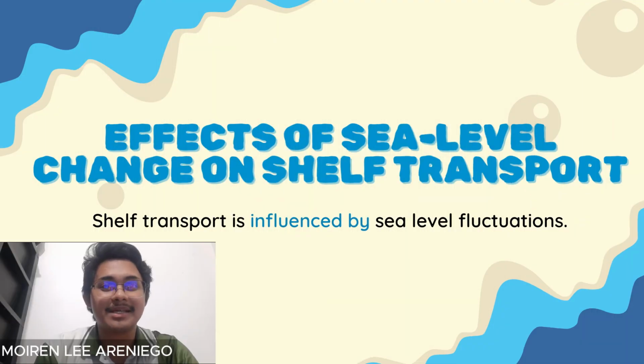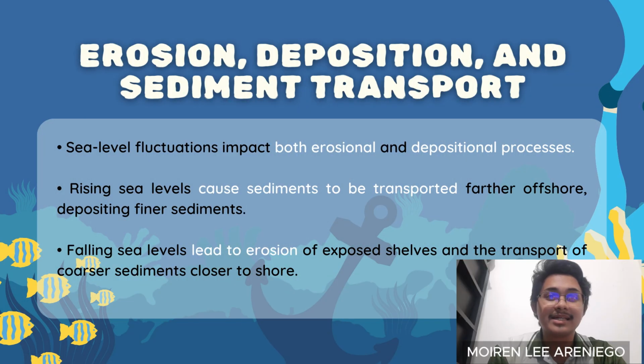So what is happening? During fluctuations or changes of sea level, various erosional and depositional processes are influenced. It directly affects the types of sediments that eventually settle and land at the bottom of the shelves.